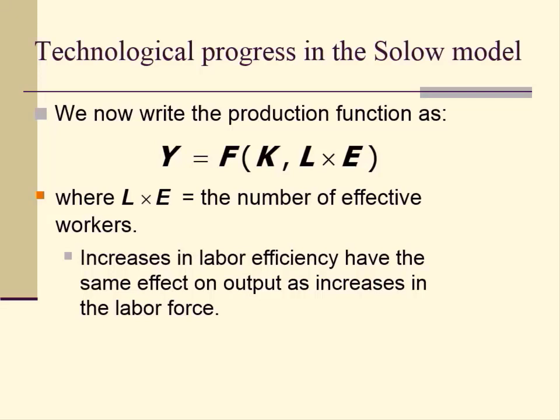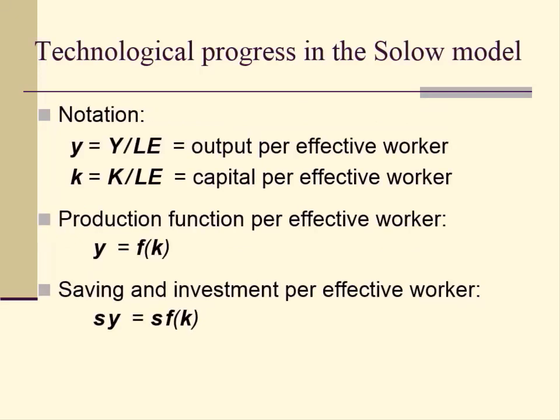The trick is to express Y in per effective worker terms, a mathematical device to make the model tractable. So now, let's define lowercase y as Y over L times E, which is output per effective worker, and lowercase k as capital divided by L times E, which is capital per effective worker.